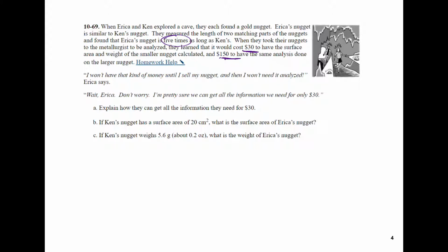Well, they know that Erica's nugget is 5 times as long as Ken's nugget. They know that the smaller nugget would only cost $30. So if we draw ourselves a quick little picture, Erica's is 5 times the amount of Ken's.